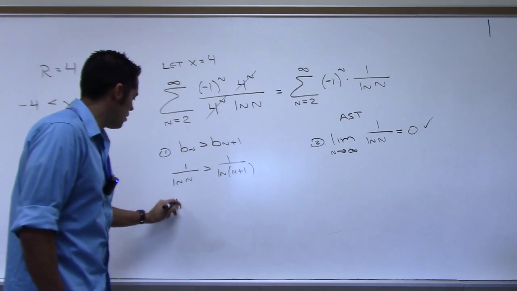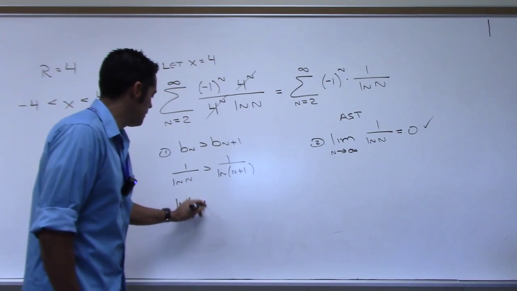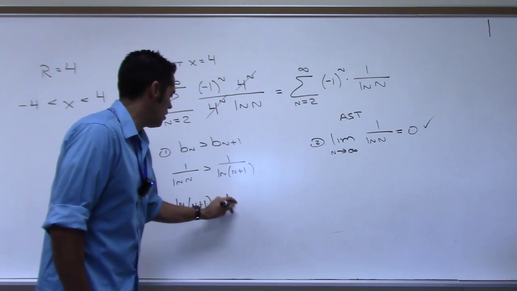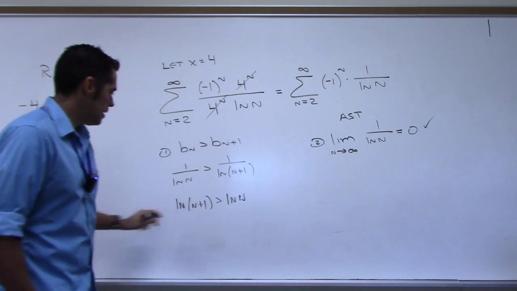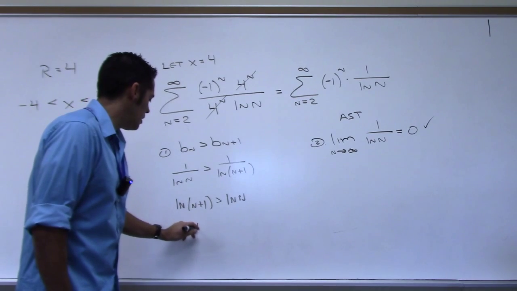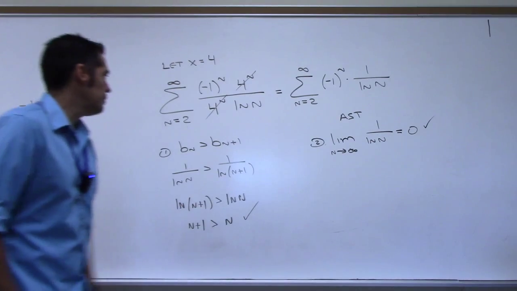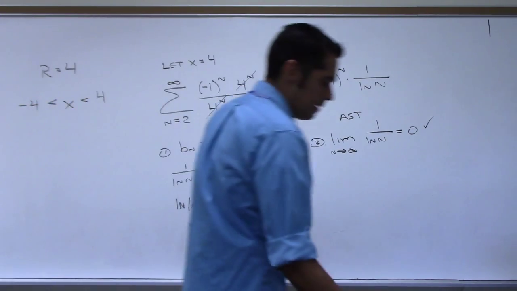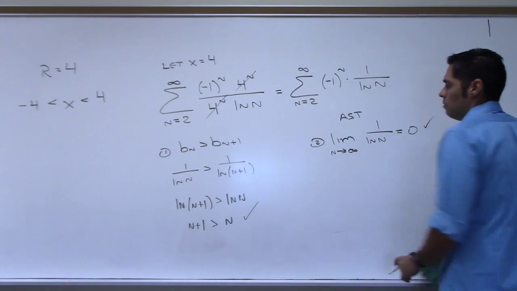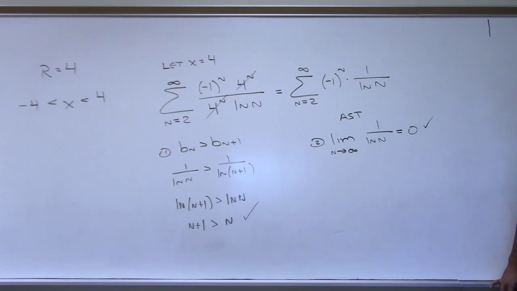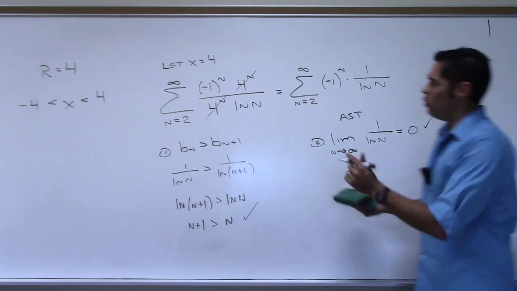And then that's natural log n plus 1 is greater than natural log n. If I take e on both sides, I get n plus 1 is greater than n. Cancel the n's, that's true. So that would be, what? Convergent, right? Alternating series. Yep, so that's convergent if x is 4.